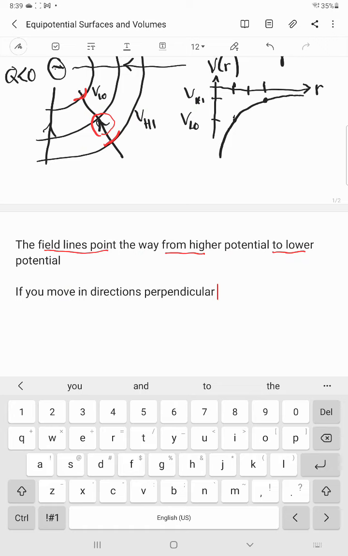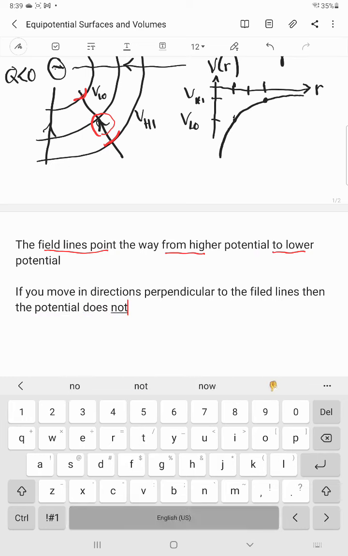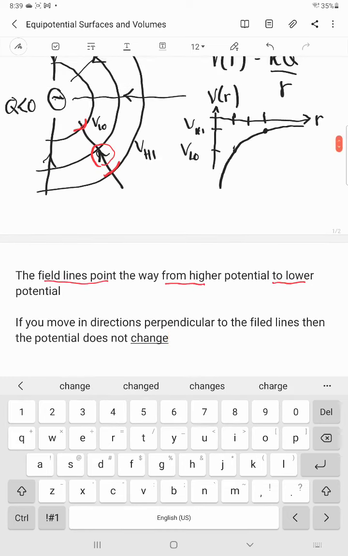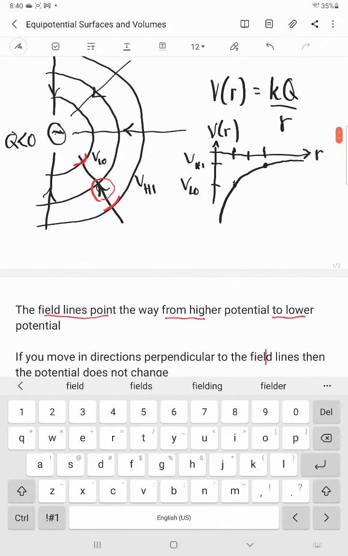So perpendicular to the field lines, then the potential does not change, right? Let's see if we can see that up here. So if you move in directions perpendicular to the field lines, so this is misspelled, then the potential does not change.